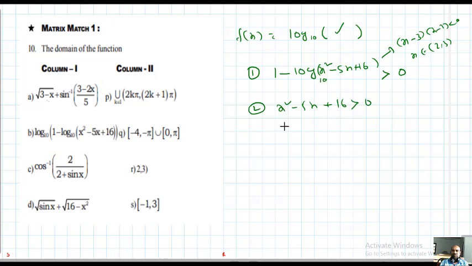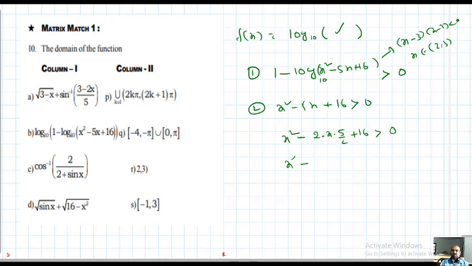Now the second part: x square minus 5x plus 16 greater than 0. First of all, try to find the factors. If you are unable to factorize it, try to use the perfect square method to know its nature. So I am using that. x square minus 2 into x into 5 by 2, plus 16 greater than 0.